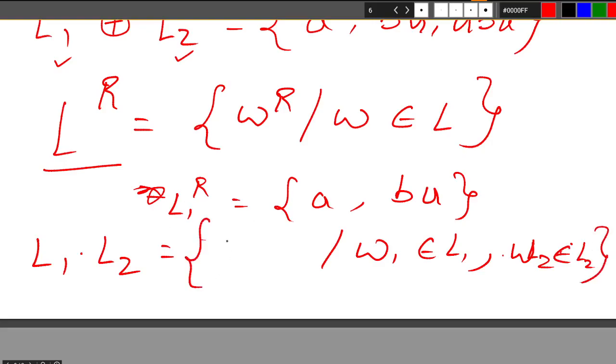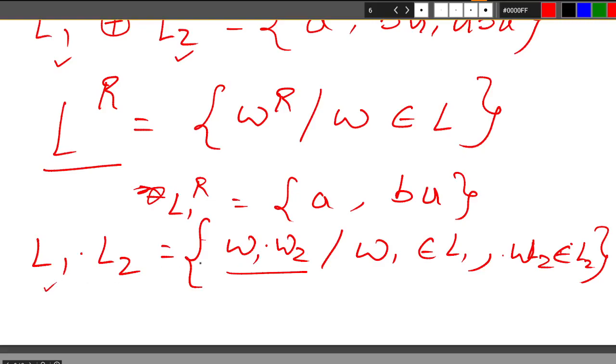Then W1 concatenated with W2 is a string, and concatenation of strings we have already seen. So one string of L1 is concatenated with other strings of L2, then another string of L1 is concatenated with other strings of L2. Similarly, when you concatenate the two languages, you will have many possible strings.